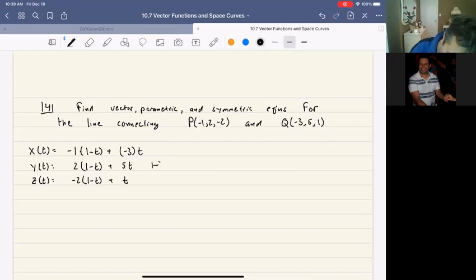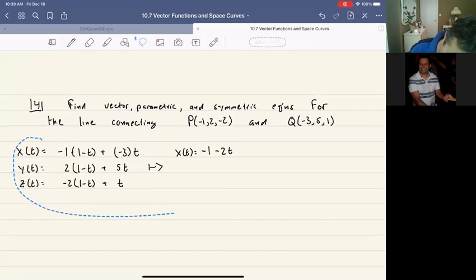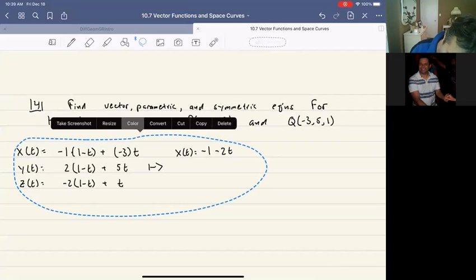And then I could write x of t as -1 plus (1 minus 3), so -2t. Let's also make that blue because that's our work.